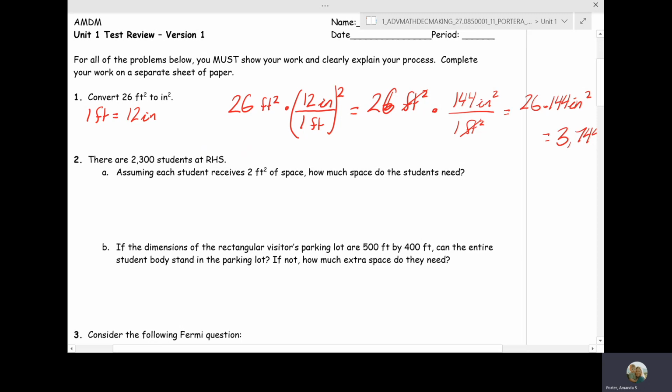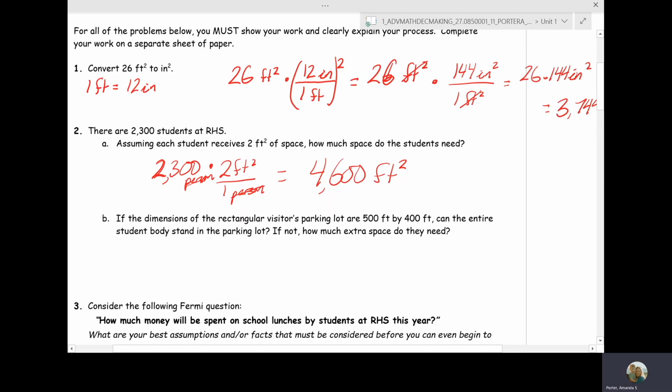So the amount of space total would be 2,300 times 2 square feet per person. You want to think about it as one person. So person is gone, and we're just taking 2,300 and multiplying it by 2. I need 4,600 square feet of space.